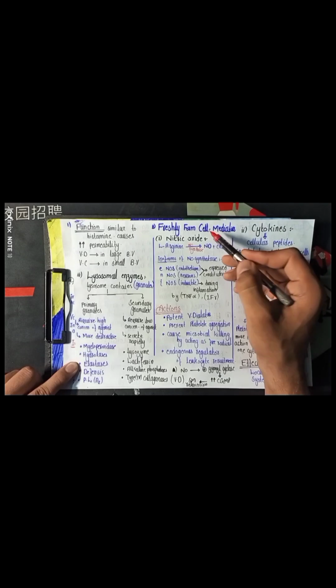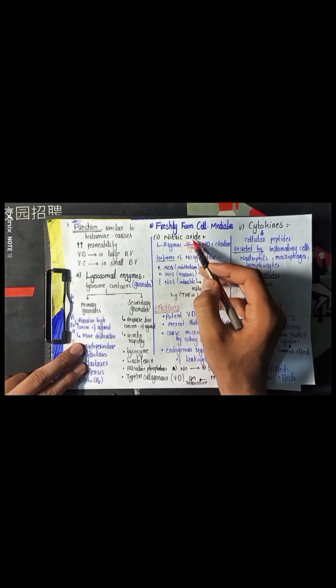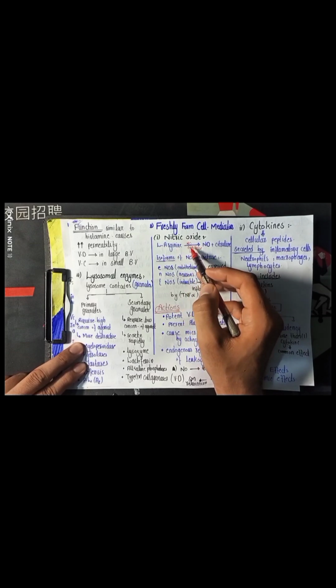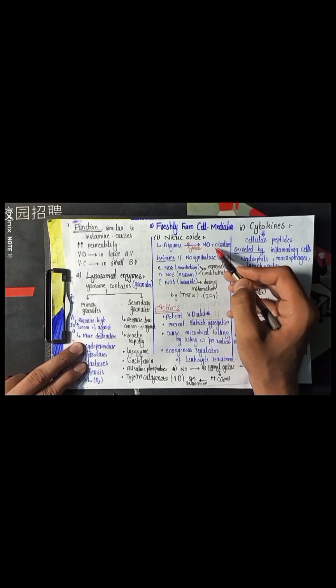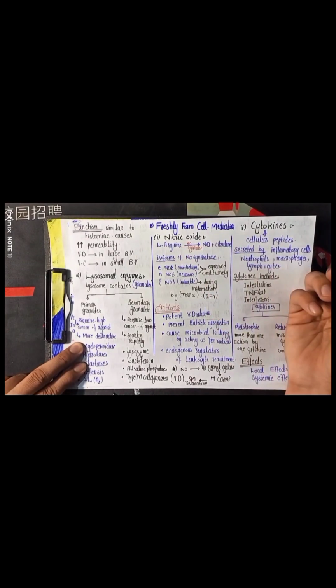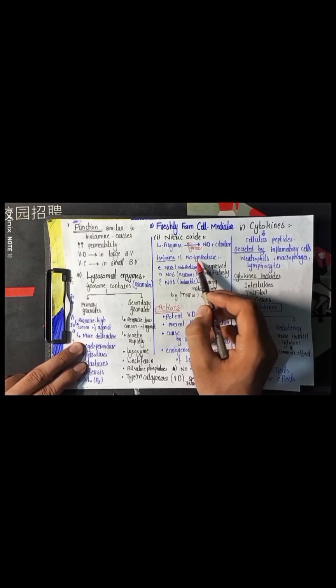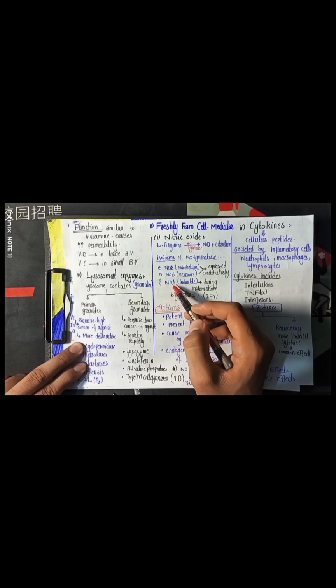Now the second one is the freshly formed cellular mediators, in which the first one is the nitric oxide. The nitric oxide is formed from the arginine with the help of enzyme known as the nitric oxide synthase, which forms the nitric oxide and the citrulline from the arginine amino acid. And there are various isoforms of this nitric oxide synthase that include E nitric oxide synthase, N nitric oxide synthase, and the I nitric oxide synthase.